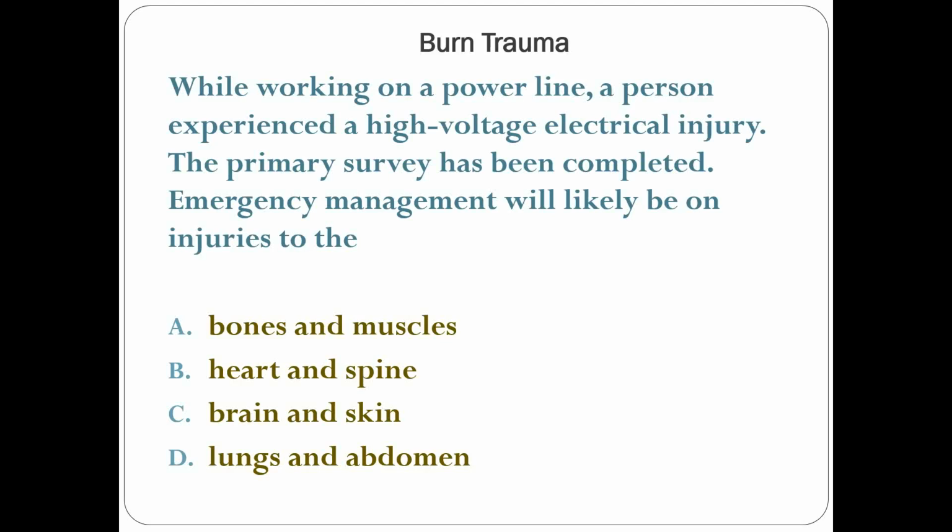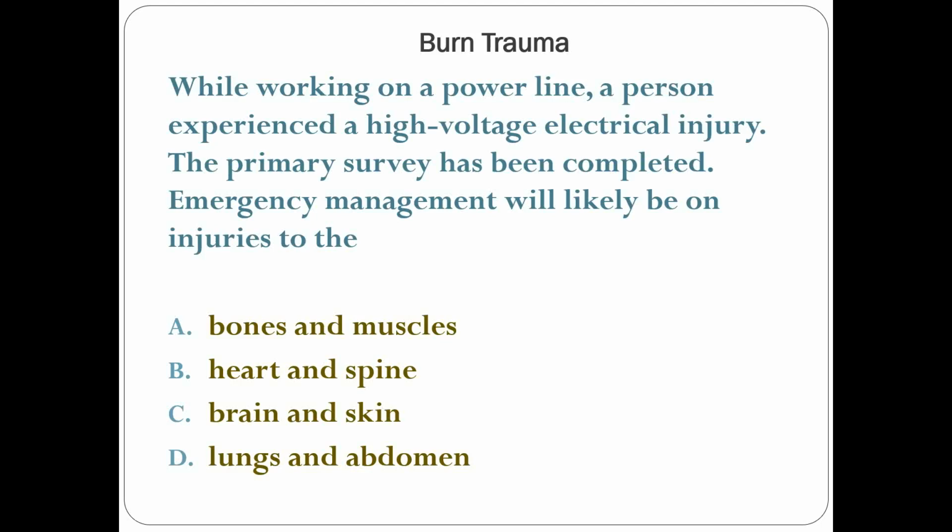Once the spine has been immobilized, either with a C-collar and or a backboard, then you're good to move on down to B and C. The reason why heart is there is that any kind of electrical injury, because electrical current has passed through the body, places the patient at risk for dysrhythmias.